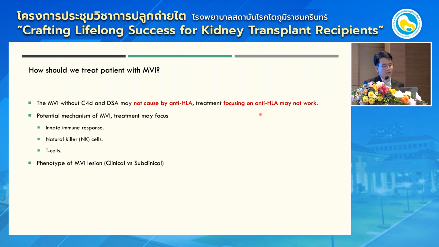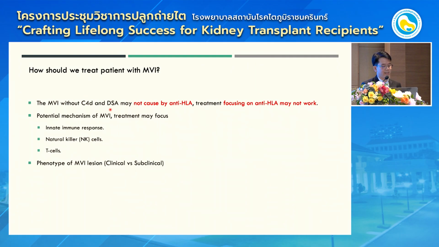So in the new classification, the patient who has MVI without C4d and DSA positive may sometimes not be caused by anti-HLA, and treatment that focuses on anti-HLA or removal of the antibody may not work.